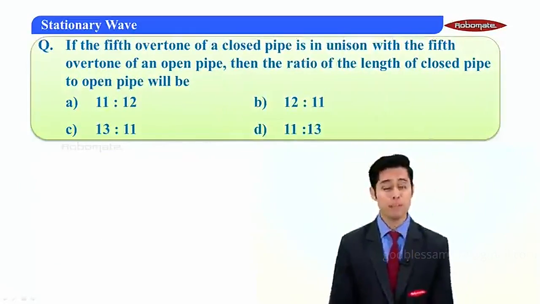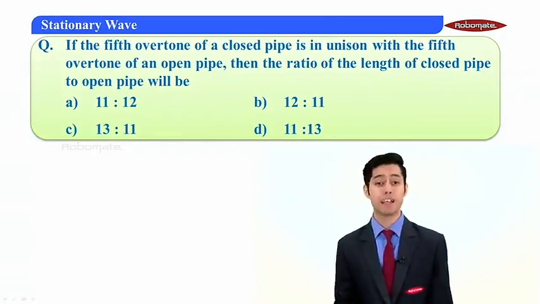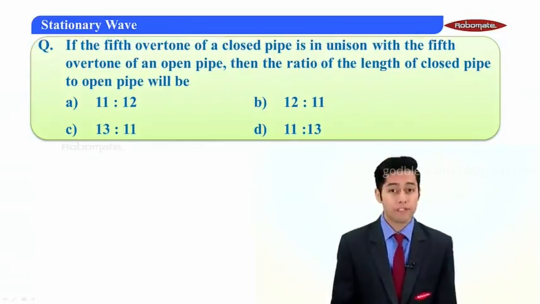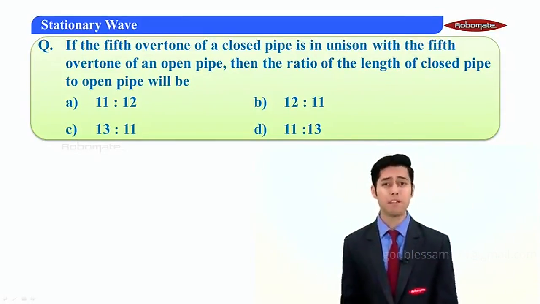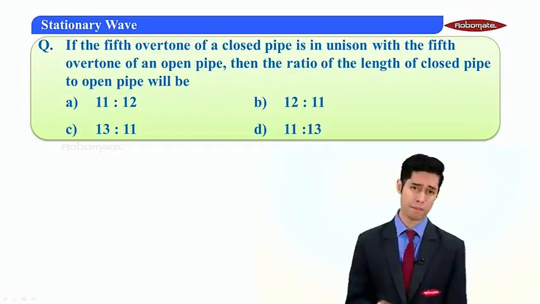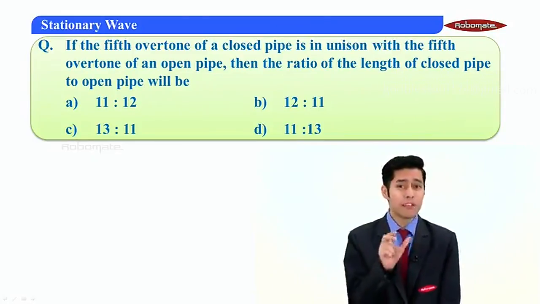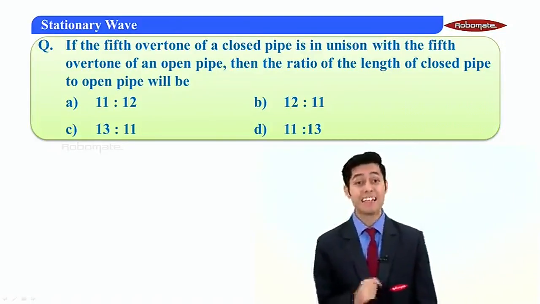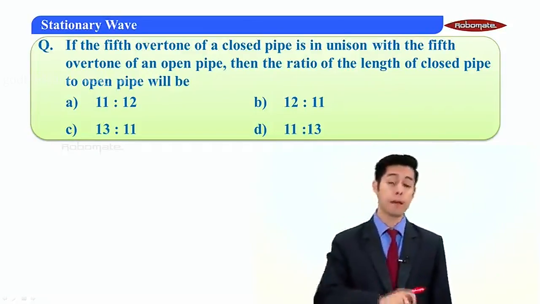Again, this problem is a very tricky one since it involves theory concept and it also involves the knowledge of the concept. If the fifth overtone of a closed pipe is in unison with the fifth overtone of an open pipe, so the frequency of the fifth overtone of a closed pipe is equal to the frequency of the fifth overtone of an open pipe, then the ratio of the length of the closed pipe to open pipe will be.